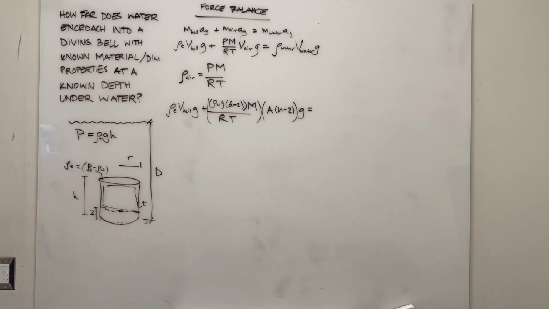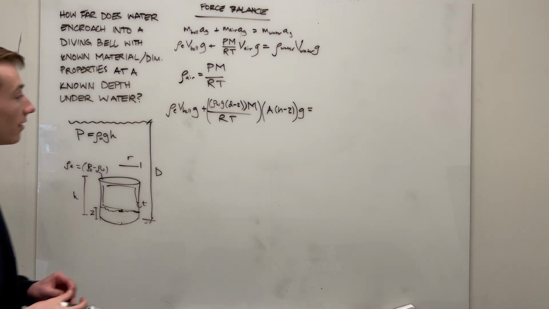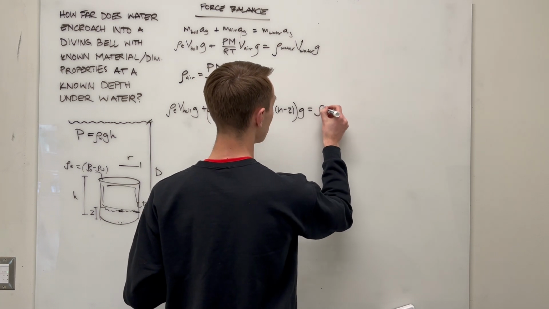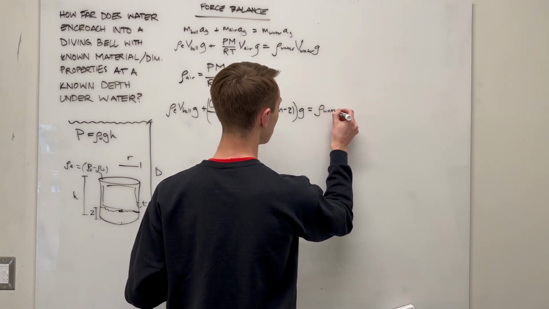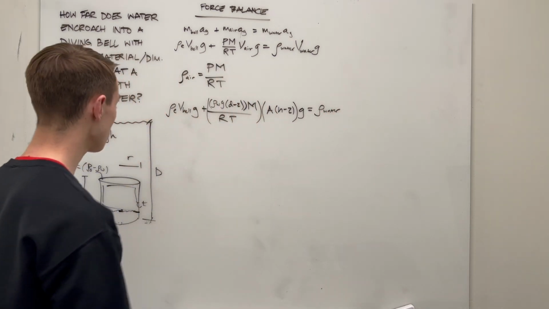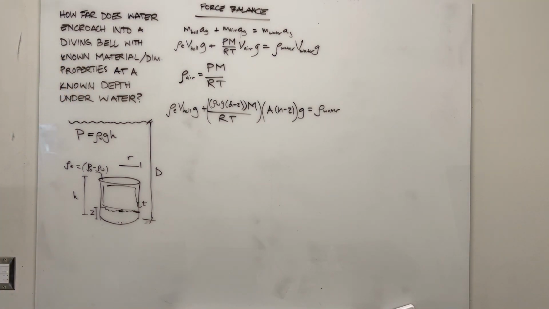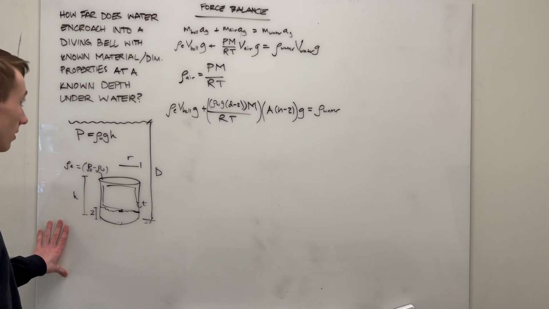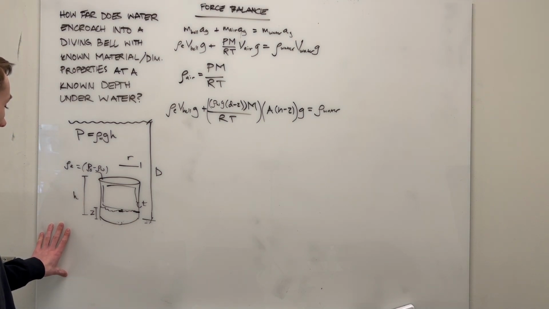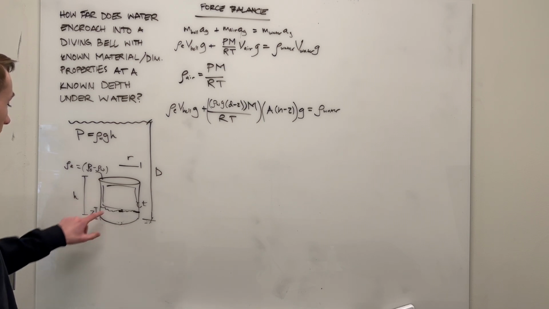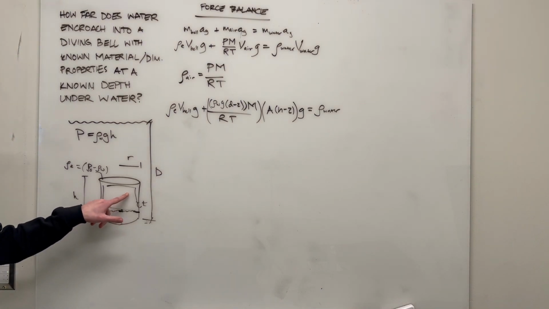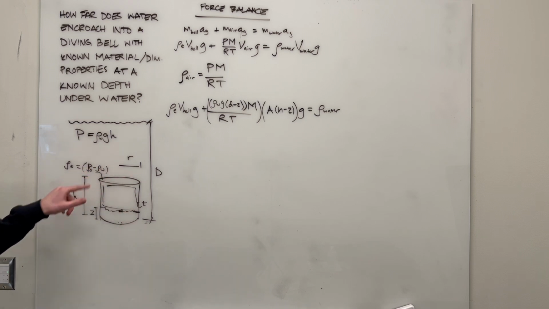And let's expand the other side of the equation again. We have the density of water, times the volume of water. Well, the volume of water that's displaced is going to be equal to the volume of the air inside plus the volume of the diving bell, right?